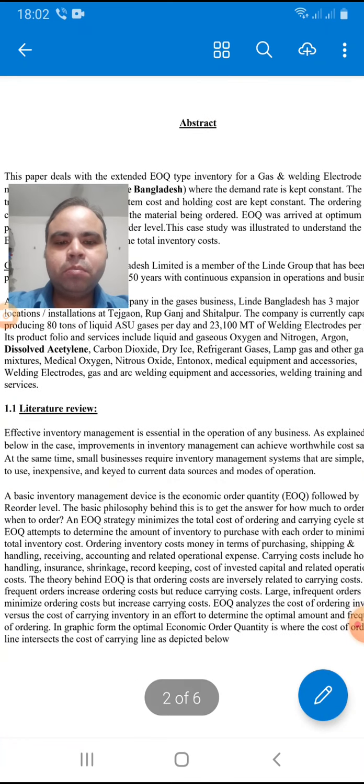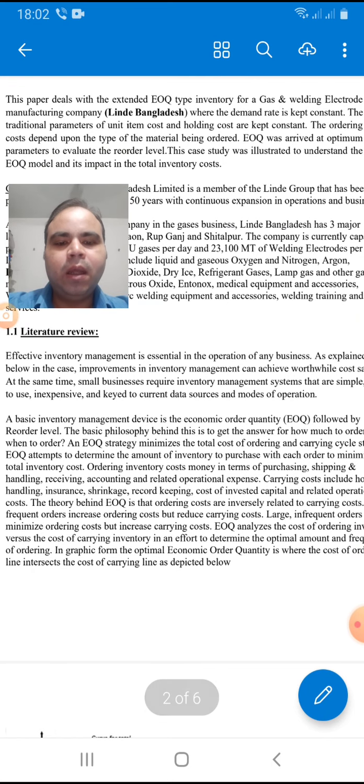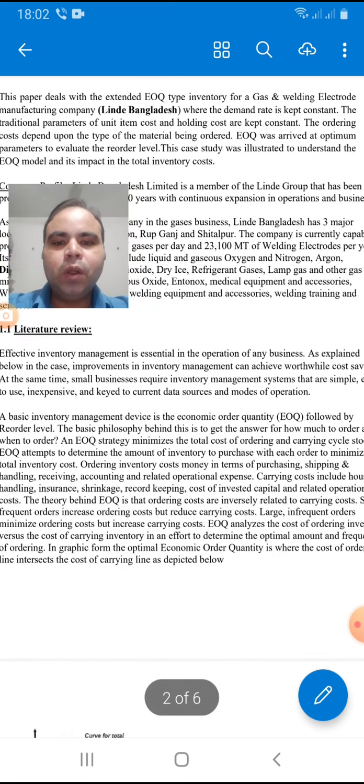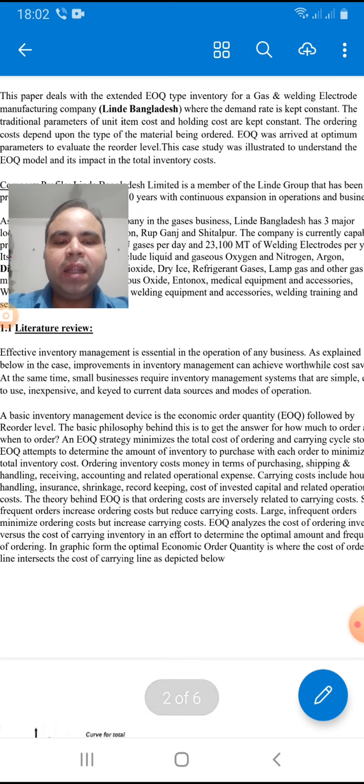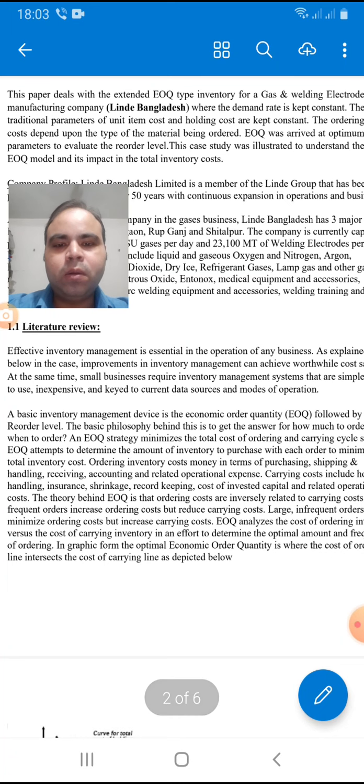I'm not going to the literature review or abstract because you already know what the EOQ model is and what it is being used for. But in a nutshell, we can say the EOQ model is the model for inventory management, which has been used to find how much to order and when to order.